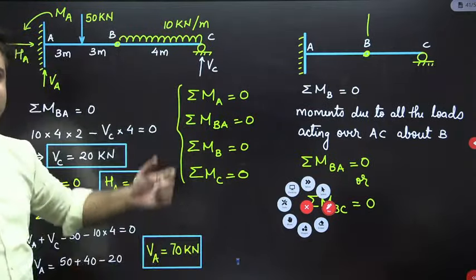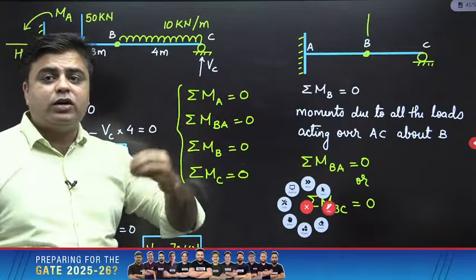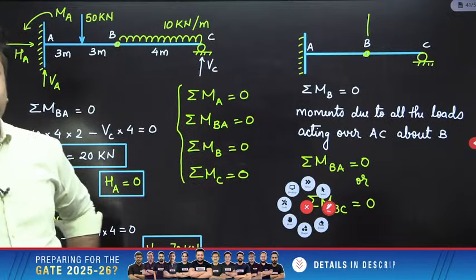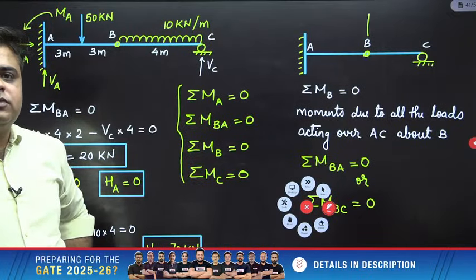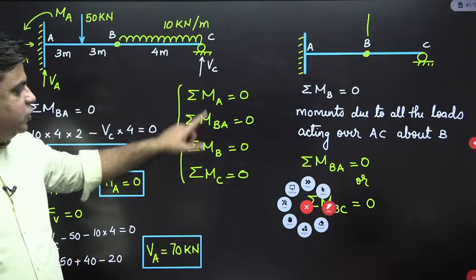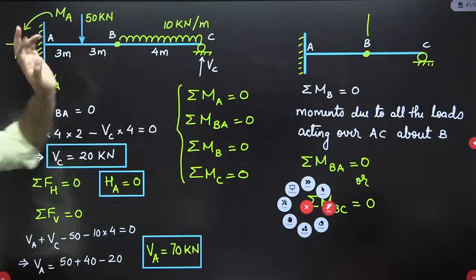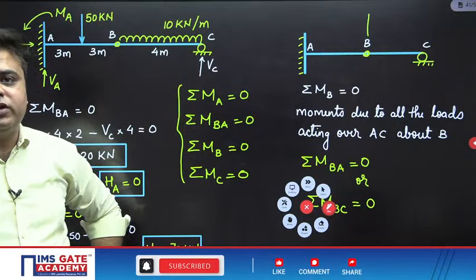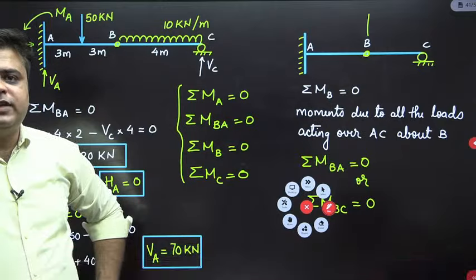You just tell me which equation I should write in which you are not comfortable. I'll write that equation for you. Which equation should I use to find the value of MA, the hardest one in which you will have a lot of confusion? Please tell me.